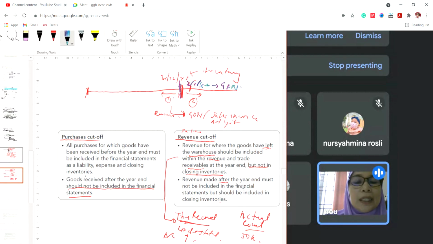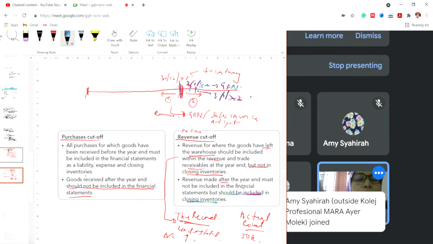So that's why dia kata revenue made after year end. So it's done after year end. So it should not recognize as a revenue, but it should be included in the closing inventory, because the inventory is in the warehouse. Even though your stock count, the company stock count happened on 5th of January X2.